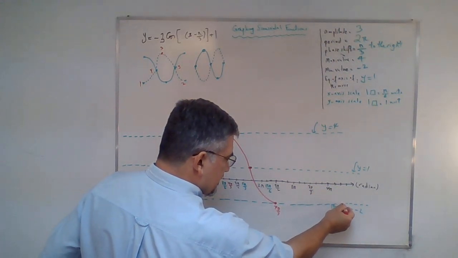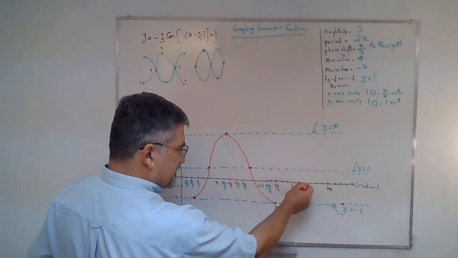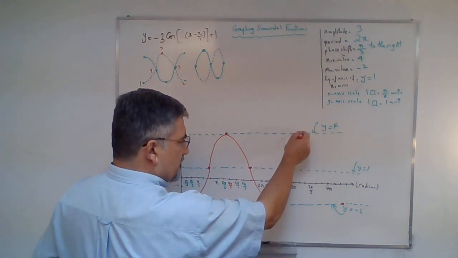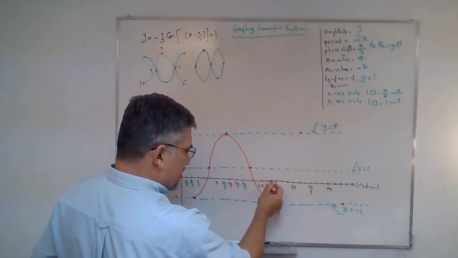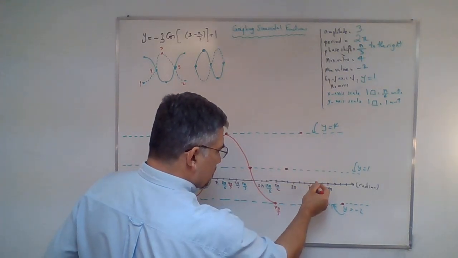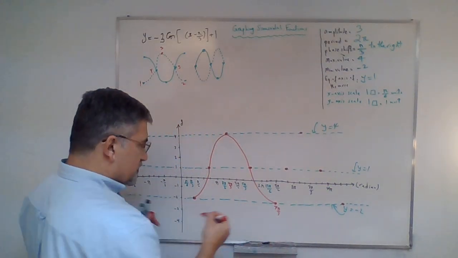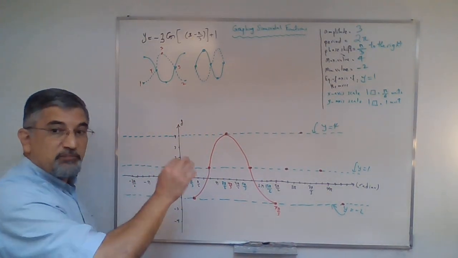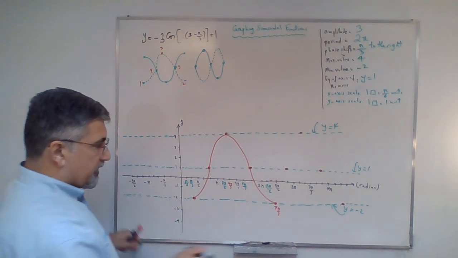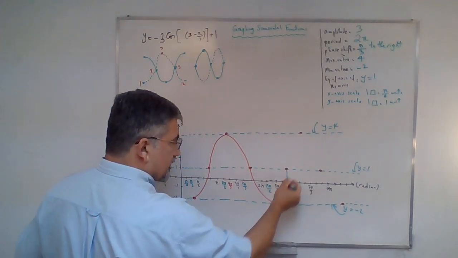So that's exactly here. And then if I count 1, 2, 3, 4, 5, 6, that's exactly where the top is. And then if I count 1, 2, 3, that's the quarter point. From there, 1, 2, 3, that's the quarter point. 1, 2, 3, perfect. So I plot, I replicate the points basically.